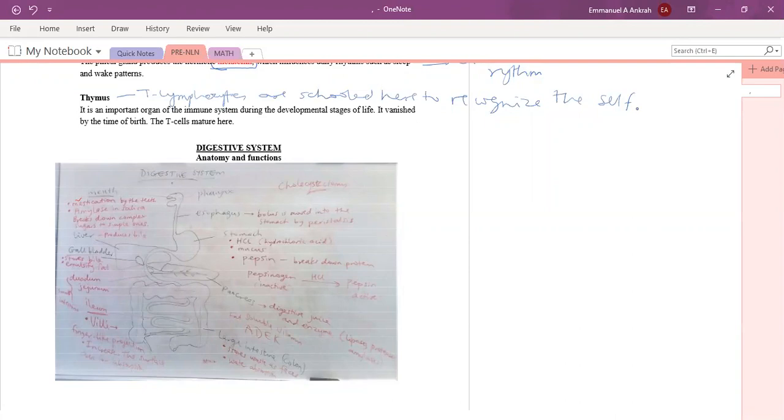And 29 says that the function common to the organs of this system is A, reproduction, B, secretion, C, respiration, and D, excretion. So which one do you think is common to all of these? B, yeah, secretion. So they secrete hormones.